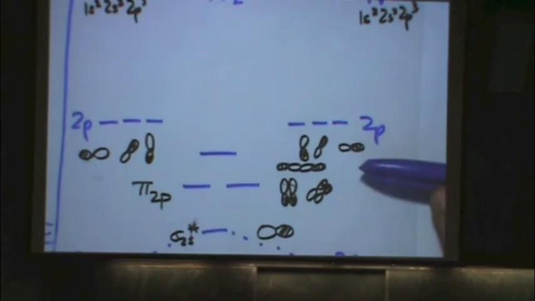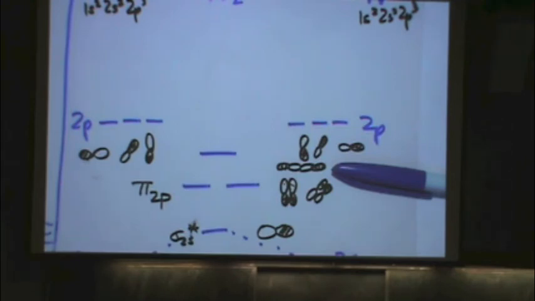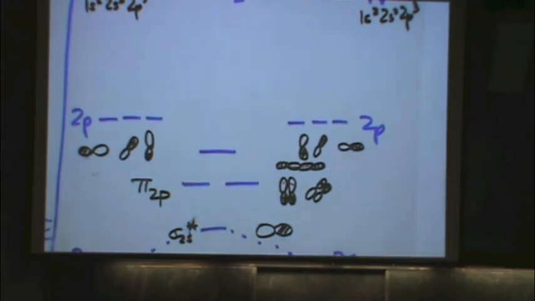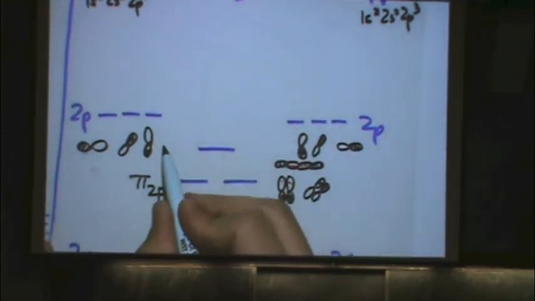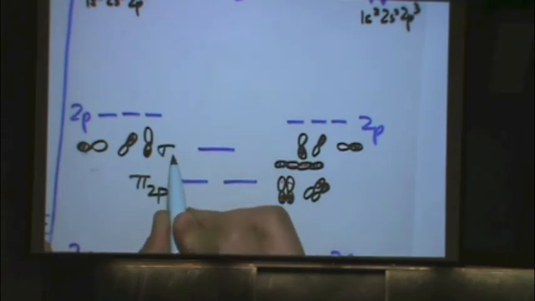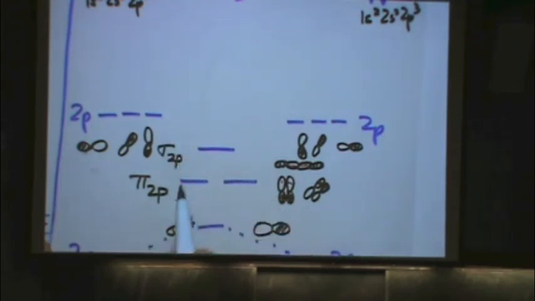So for this one right there, the one I just drew right there, is that a sigma or a pi? Sigma. That would be a sigma. You can see the bond or the overlap occurs between the center. So it's occurring right here if you watch my pen, right here, between the centers. So this is called a sigma, what do you think the subscript is? 2p.